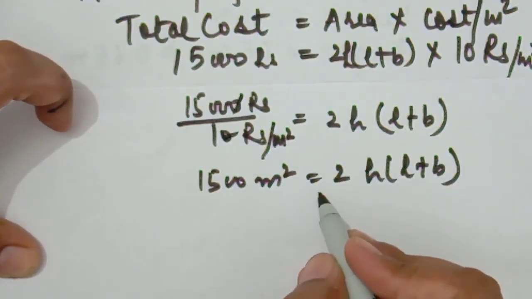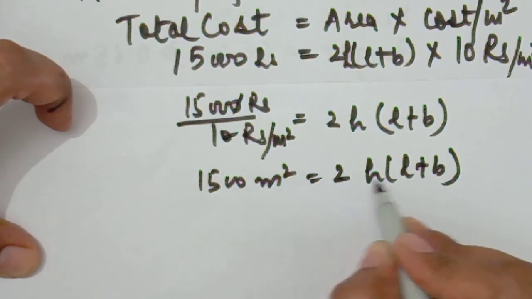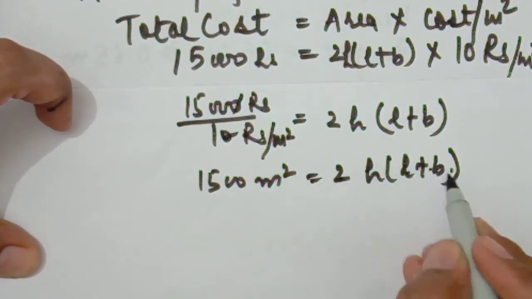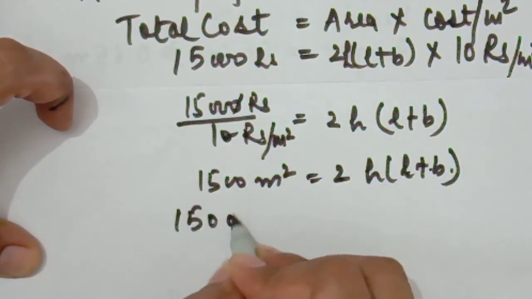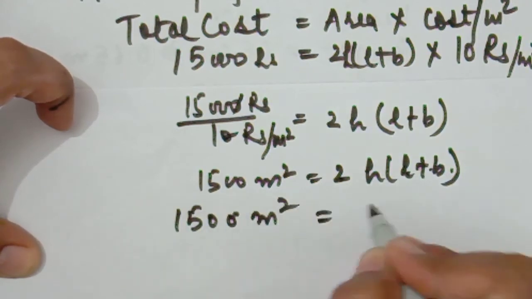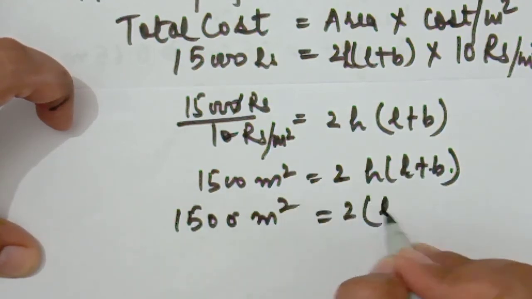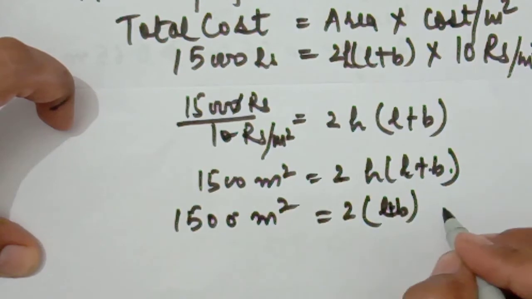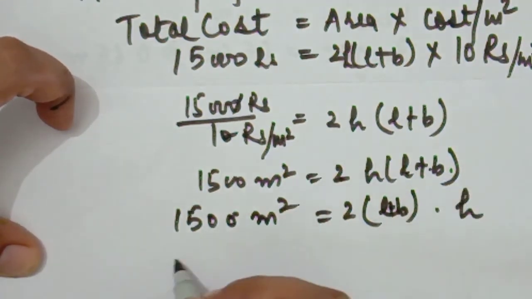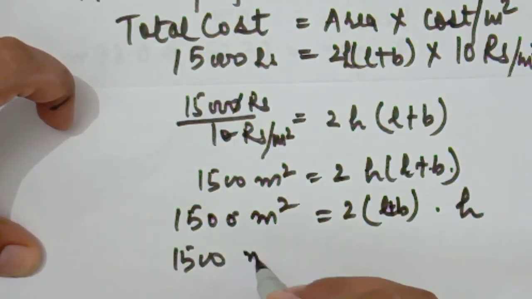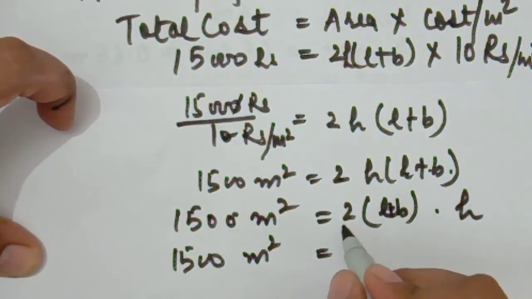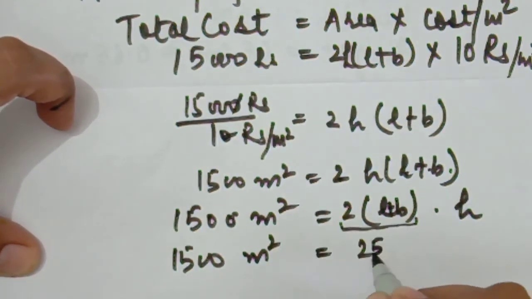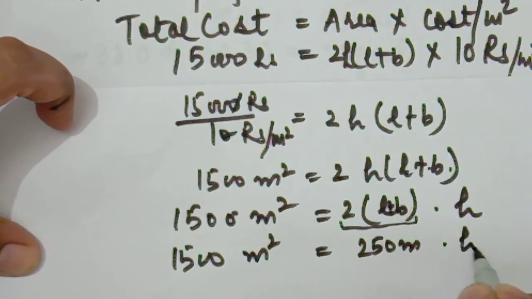So we know very well, it is already given that the perimeter 2 into (L plus B) is 250 meters. So we will put that value and shift the H to the other side. The value of this part is 250 meter, as already given.